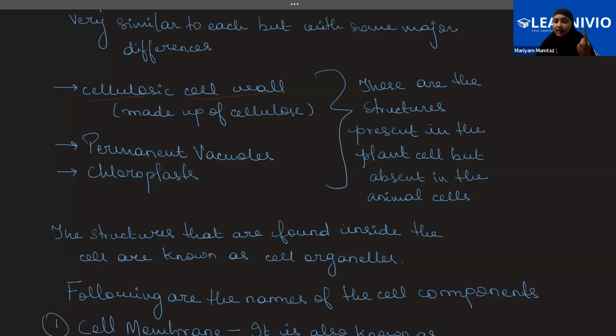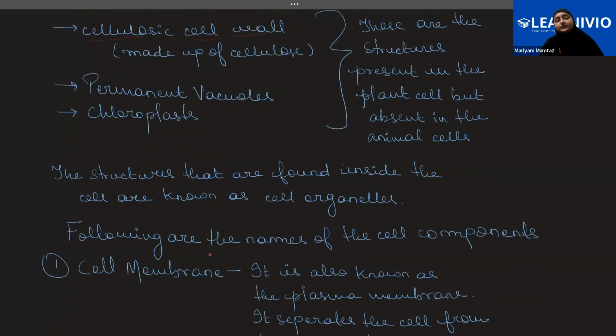The cell wall, the permanent vacuole, and the chloroplast. Clear? Okay, and there is no exception to this. These three things are present only and only in plants and they are absent in all animals.